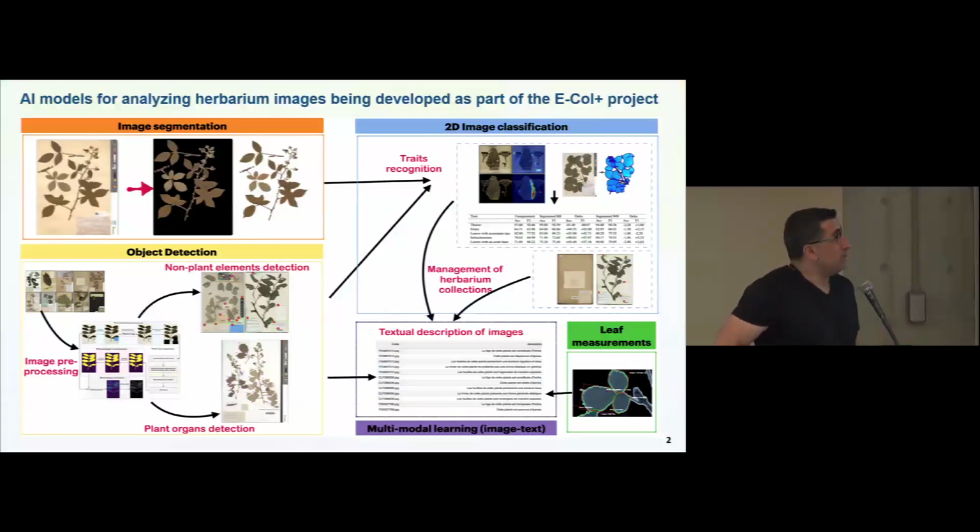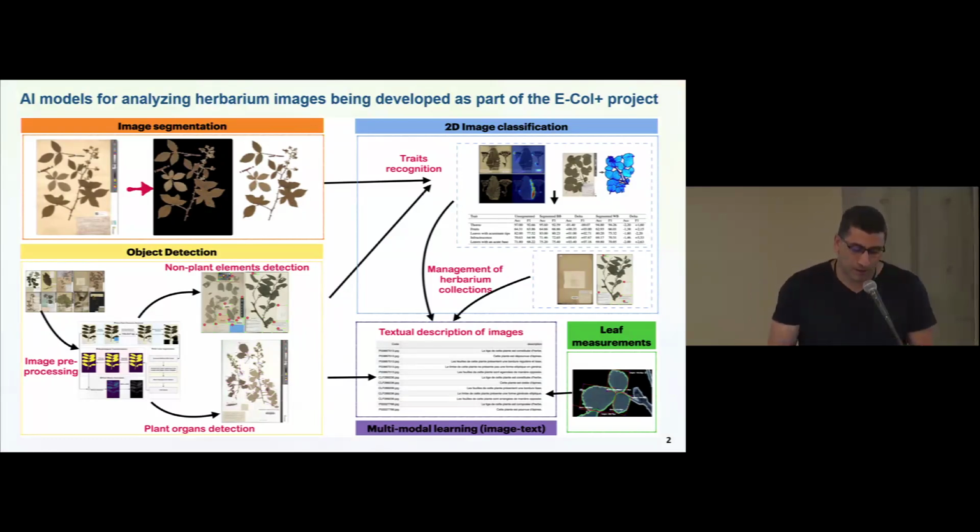The ECOL+ project focuses on enhancing tools and methodologies for the study of natural collections. In this project, we are developing a set of models for image segmentation, object detection for non-plant elements and plant organs, and image classification for plant traits recognition and for management of herbarium collections.